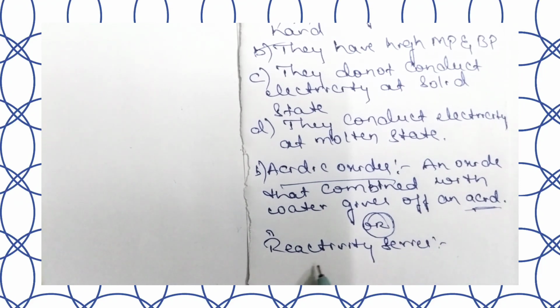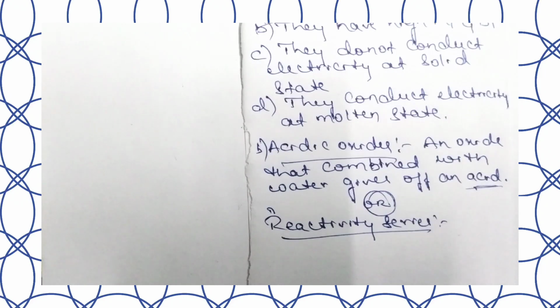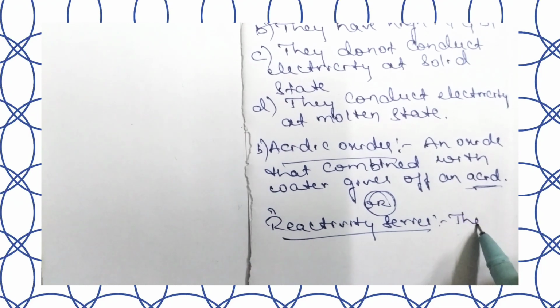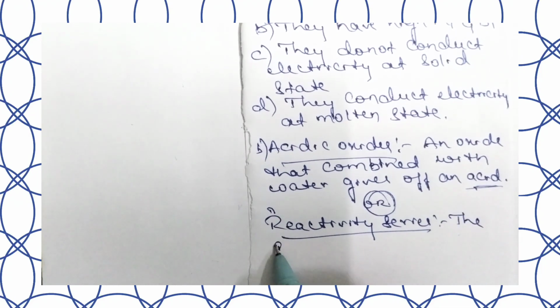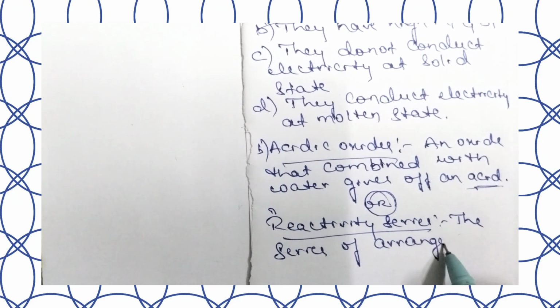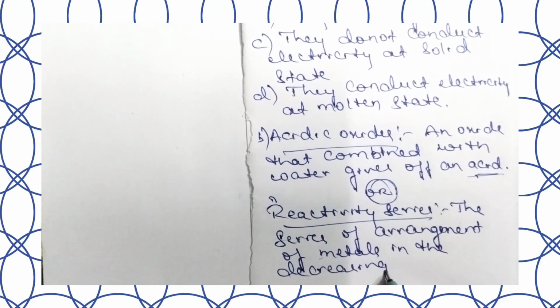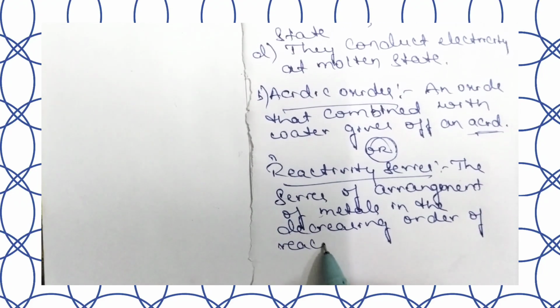So what is meant by reactivity series? Reactivity series is defined as the arrangement of metals in the decreasing order of reactivity.